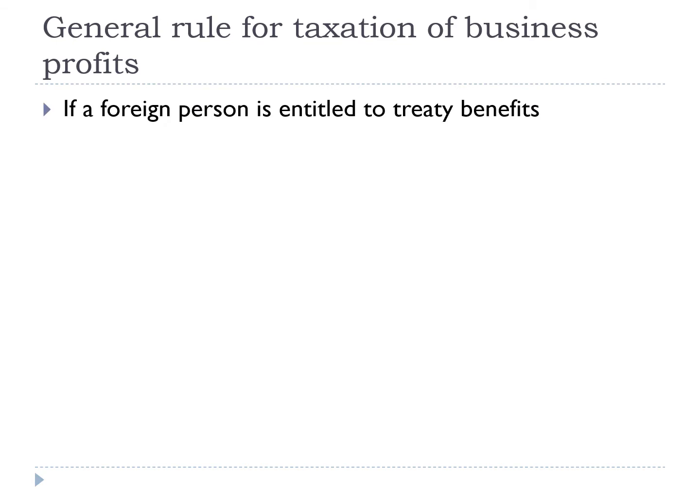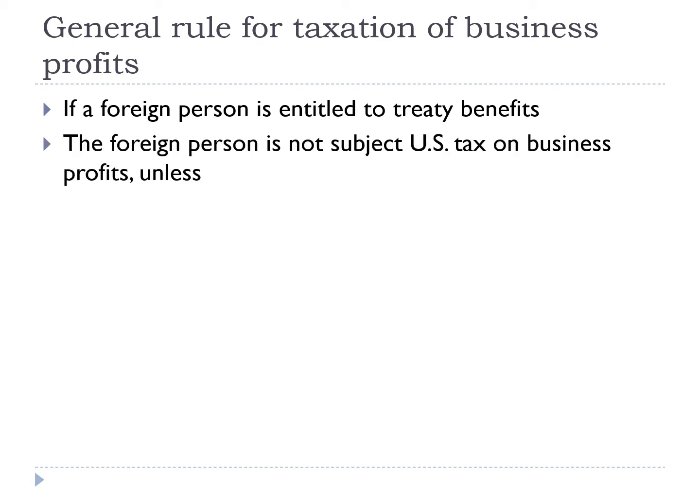If a non-resident alien or foreign corporation or other taxable entity is a resident of a country with which the United States has a tax treaty, and if the foreign person is entitled to the benefits of that treaty, then the foreign person is not subject to U.S. tax on business profits unless two tests are met.